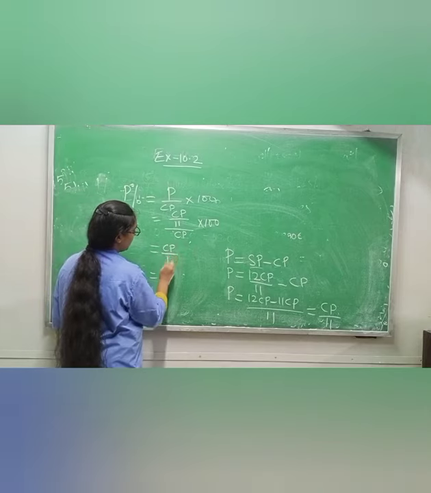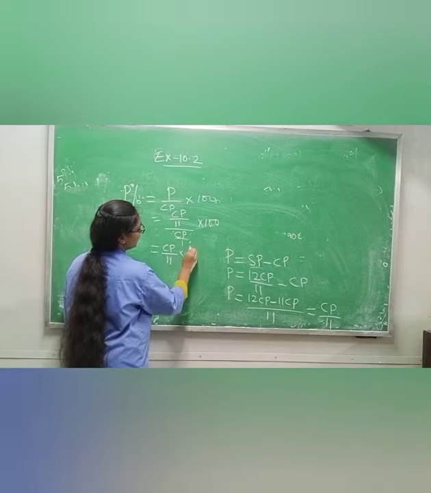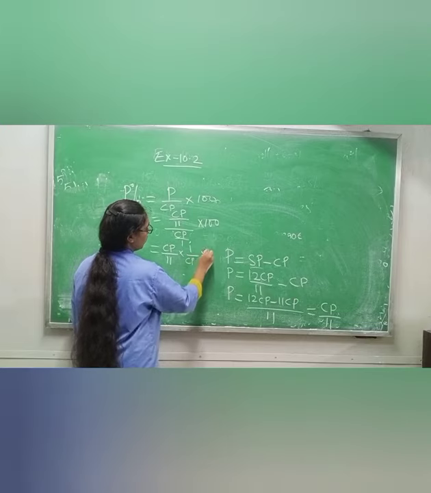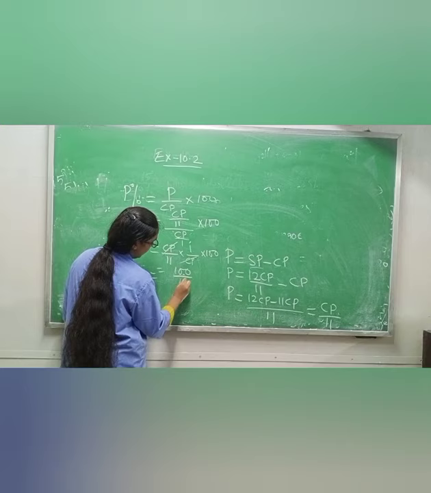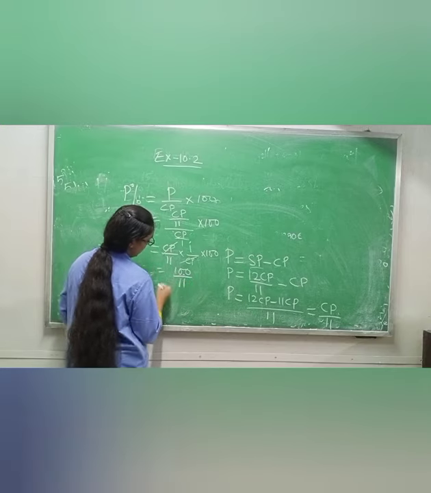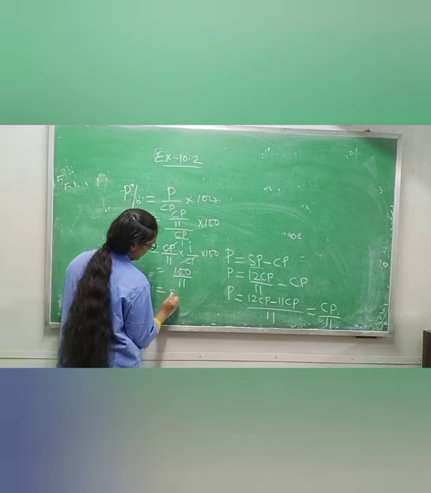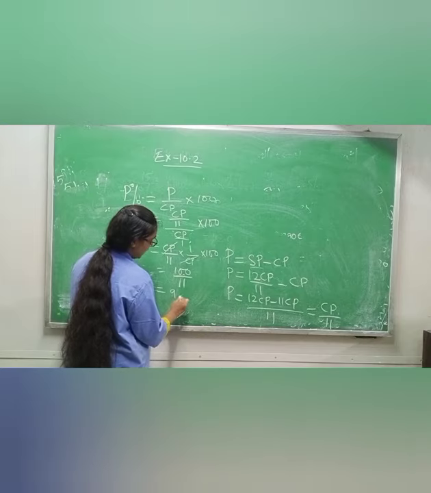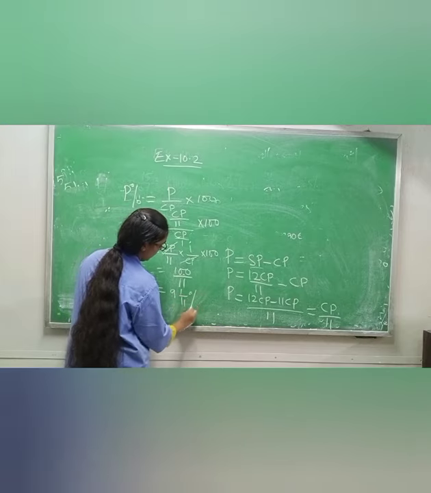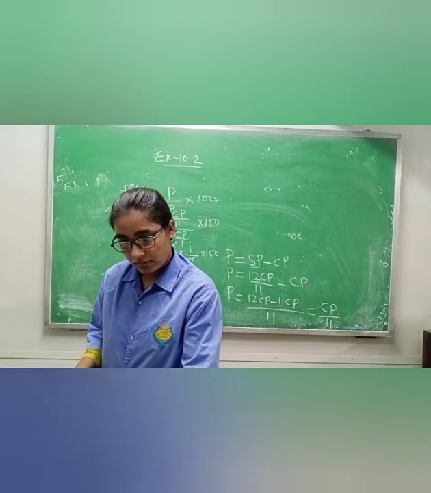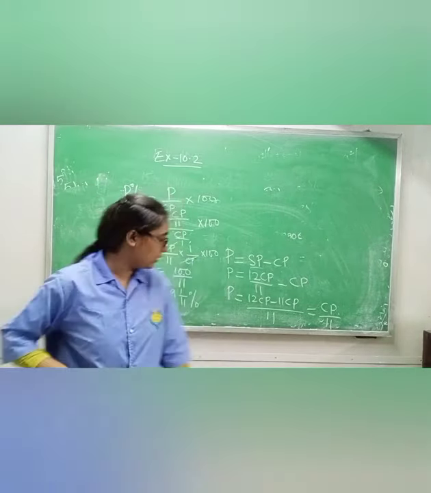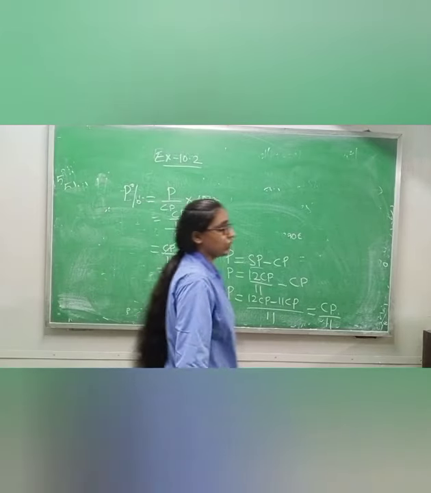Now CP by 11, this is CP by 1, when it will come it will become 1 by CP into 100. CP will cancel, 100 by 11. When you will solve, 11 9s are 99, 100 by 11. So this one will be your answer. Write this one is percentage. Complete this one.